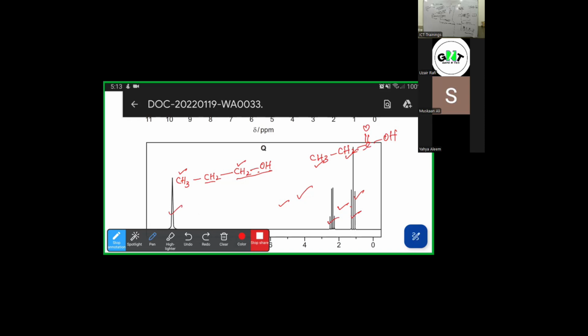So the neighborhood is destroyed and OH is present. So this one would oxidize to form carboxylic acid. And in this there is no multiplet. The multiplet above would be of CH2, this one a triplet, this one also a triplet. Okay, and this one got the multiplet, and this one got the singlet.